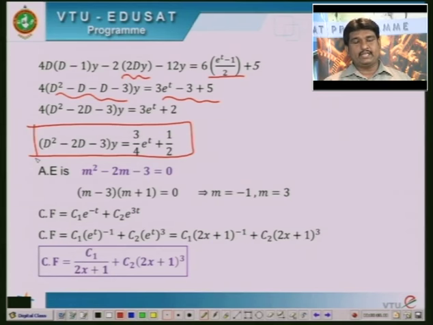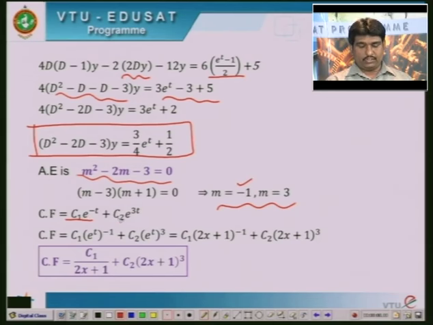Now write the auxiliary equation, which is m² − 2m − 3 = 0. Solve this equation to get roots m = −1 and +3, and write CF as C1 e^(−t), which is the part of CF corresponding to the real root −1, and C2 e^(3t), which is the part corresponding to the root m = +3.